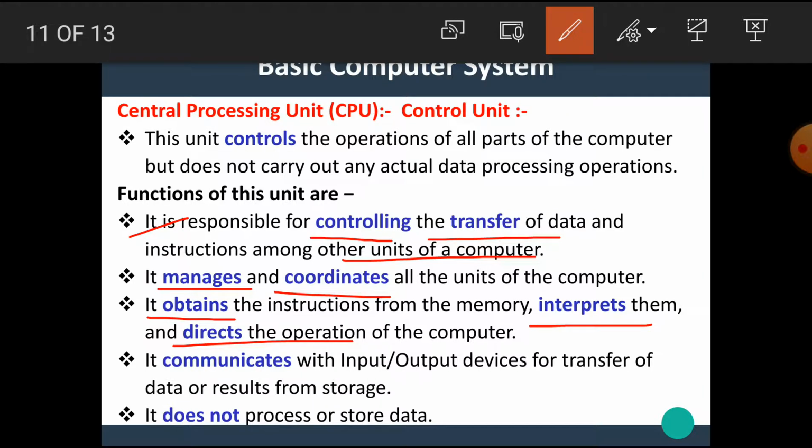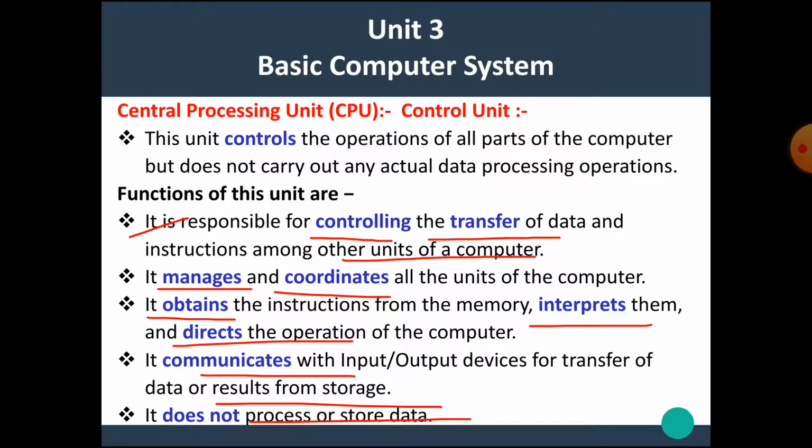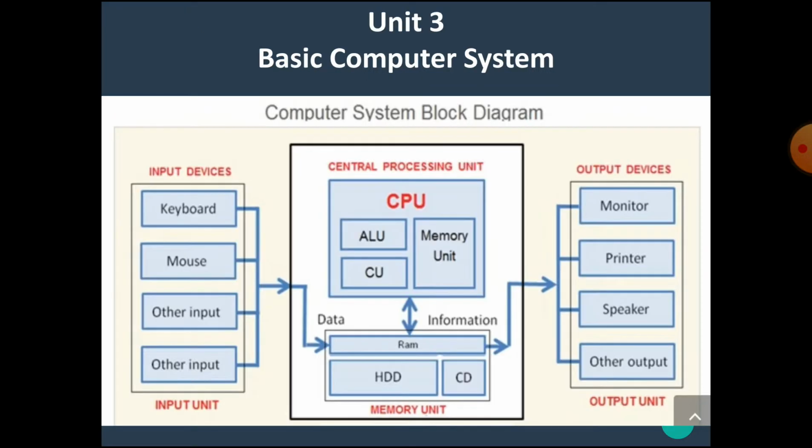It communicates with input-output devices for transfer of data or results from the storage, and it does not process or store data. These are the simple functions of the control unit. I hope you all understand the block diagram of the CPU.